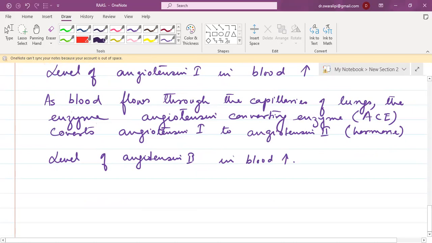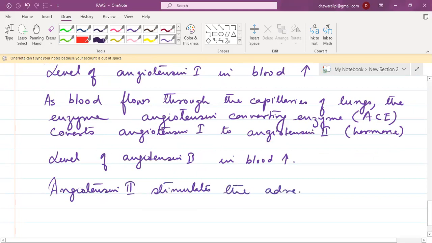This angiotensin 2, its work is to stimulate the adrenal cortex. So I'll say this angiotensin 2 stimulates the adrenal cortex.